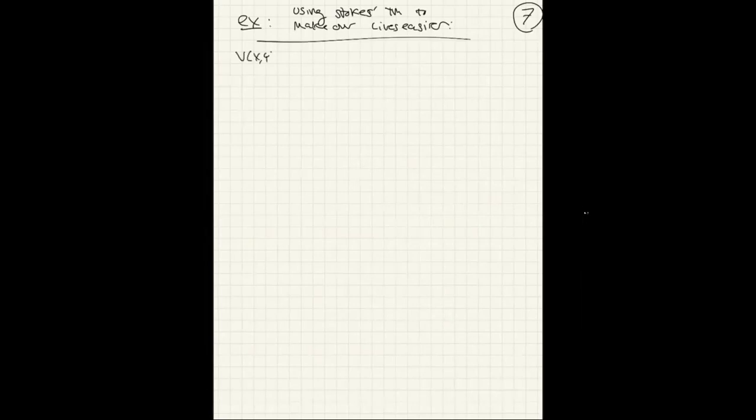V of x, y is xy squared comma y to the 5. I made this example last night. I've got no idea how it looks. It's just some mess. And I'm going to let C be the box or rectangle oriented counterclockwise.